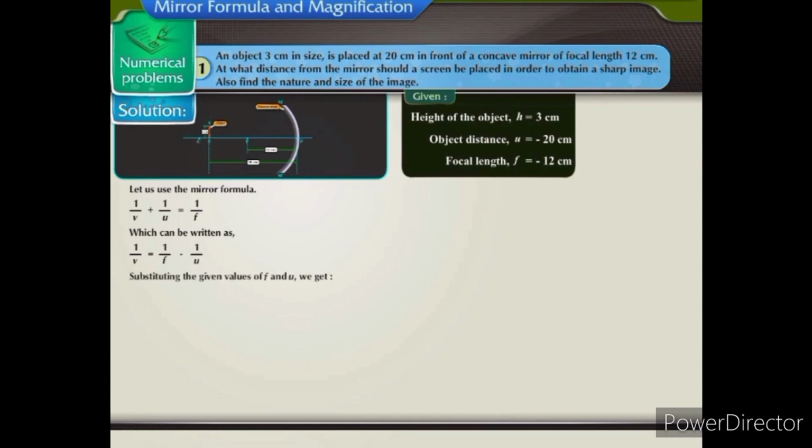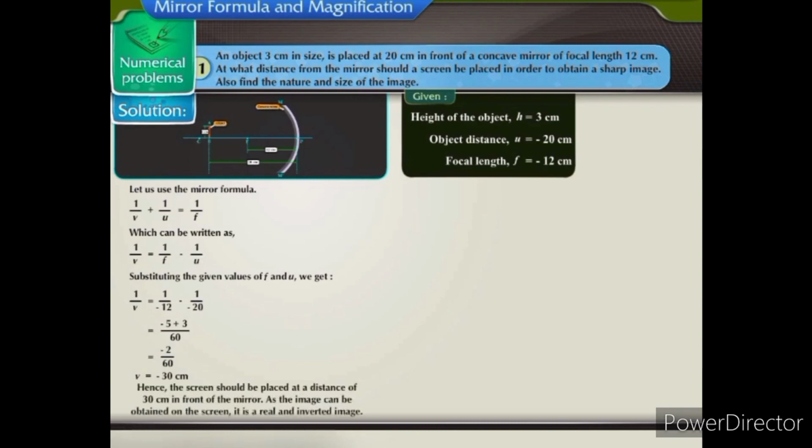Let us substitute the given values of f and u. 1 divided by v is equal to 1 divided by minus 12 minus 1 divided by minus 20, which is equal to minus 5 plus 3 divided by 60, which is equal to minus 2 divided by 60. Therefore, v is equal to minus 30 cm. Hence, the screen should be placed at a distance of 30 cm in front of the mirror.